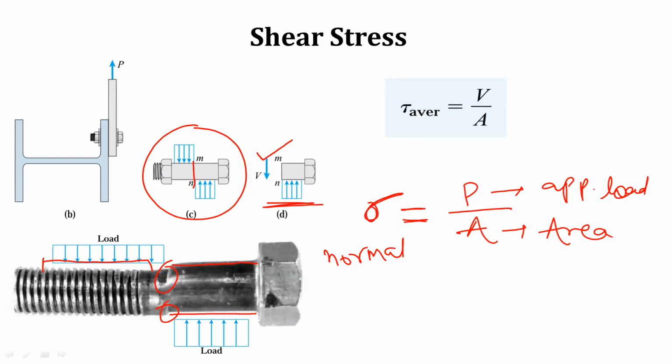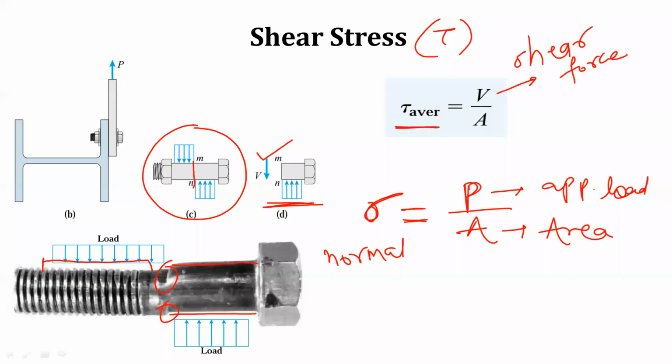Now here the definition is the same. Okay, now here shear stress is indicated by the Greek letter tau. This is called tau. And again the definition is the same. The load here is shear force, correct? Shear force.